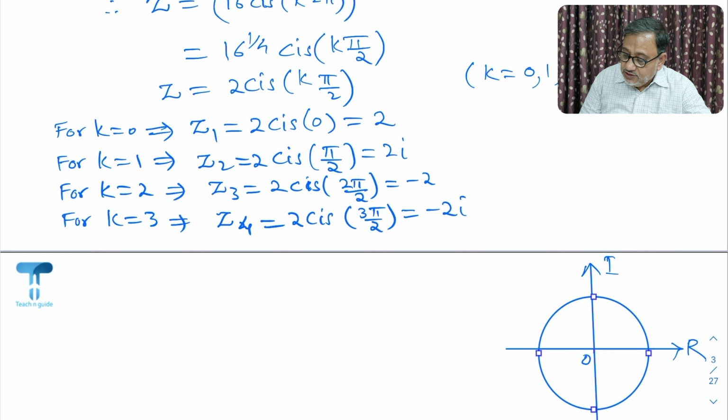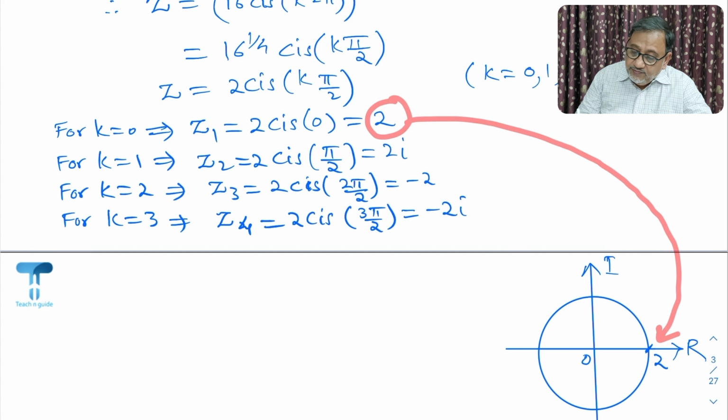Now the first one is 2. So it will be located on the real axis, which will be 2. So look here, this 2 will go there.